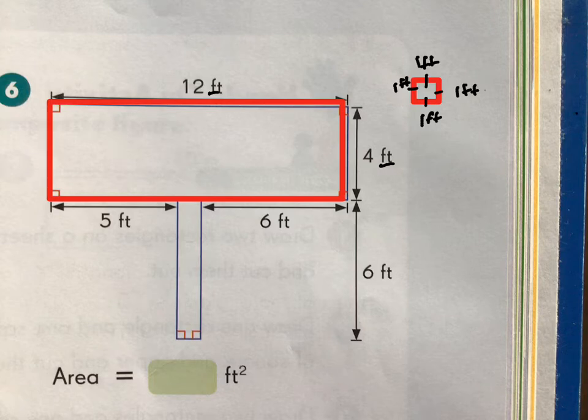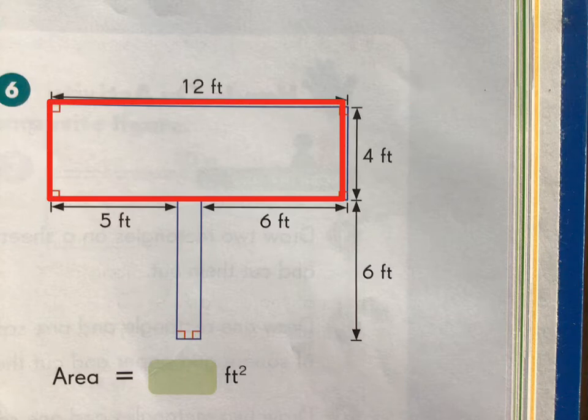And then we are going to look to see how many of those squares that have a 1 foot measure on each side would it take to cover the space inside of this rectangle.